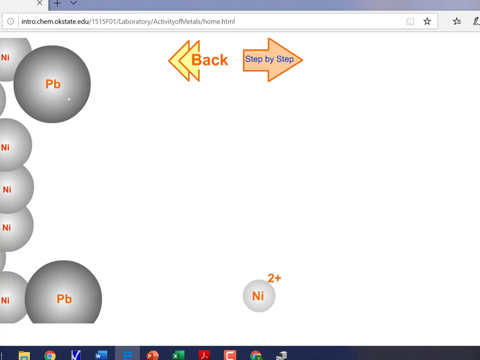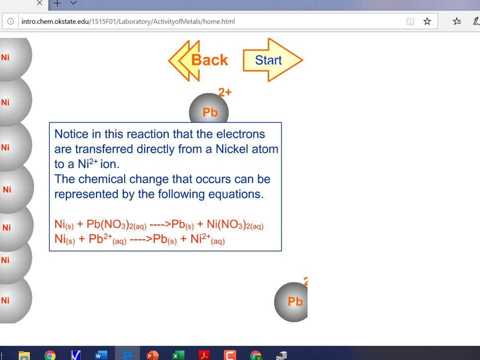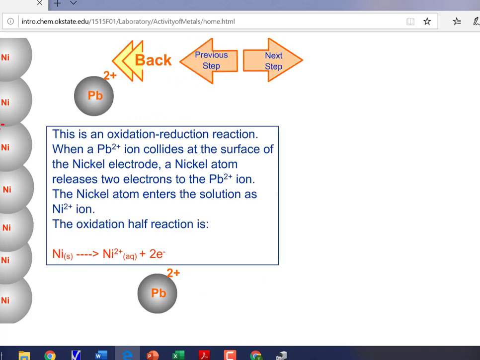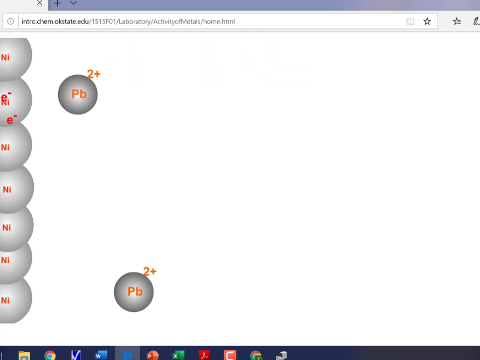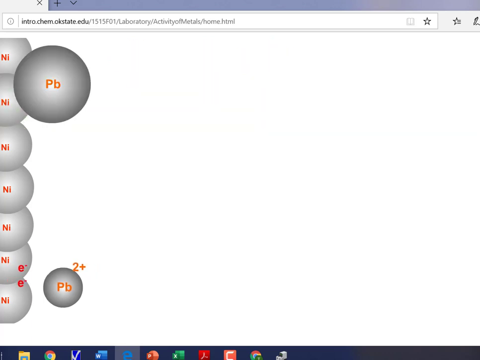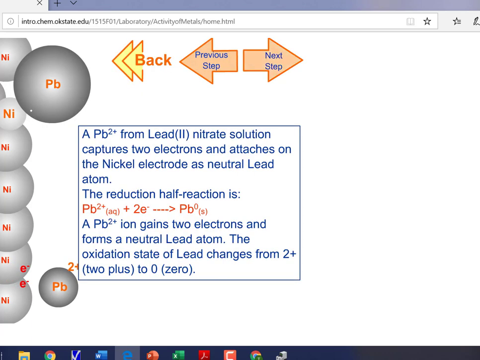Ions are in solution. It takes the electrons away from the nickel. That makes lead neutral, so it can't stay dissolved, it comes out of solution. Makes nickel have a charge.